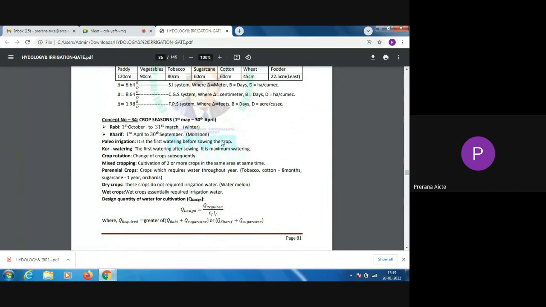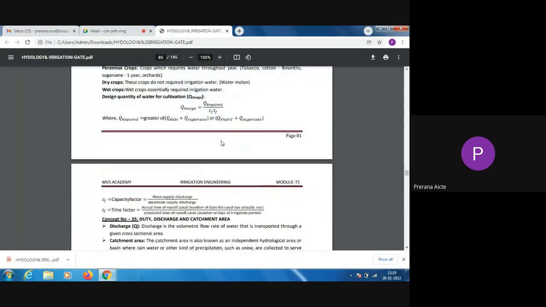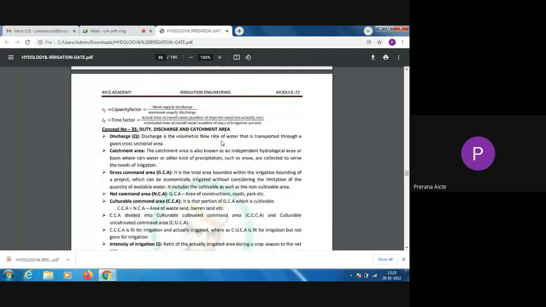Kharif season is April to September or whatever it is. So some of the definitions are cultivable command area or non-cultivable command area like this. Irrigation efficiencies: water delivered or water supplied, water conveyance efficiency, water application efficiency, water storage efficiency, then water use efficiency.